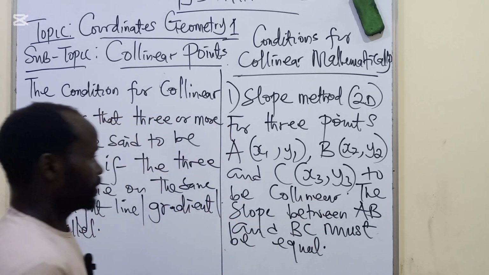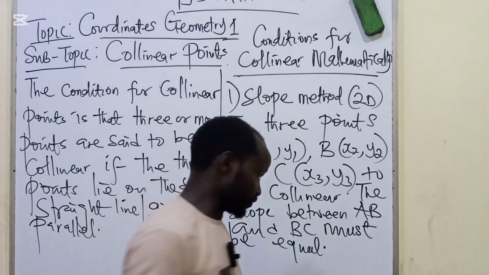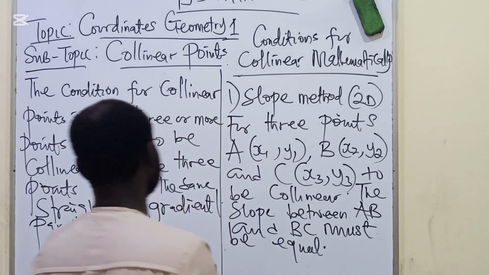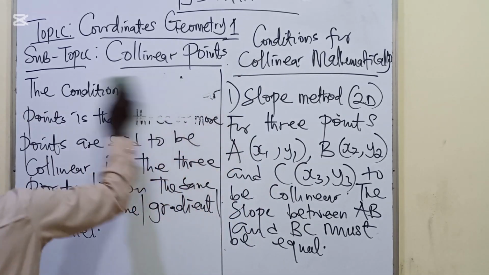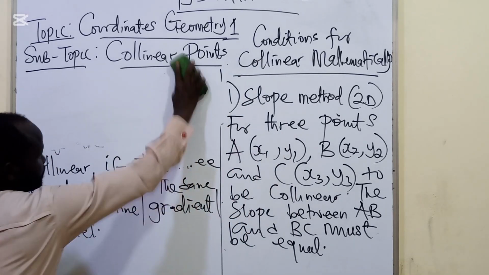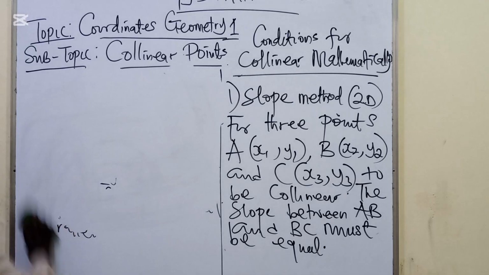In other words, if the slope AB equals the slope BC, then we have a collinear point, or the condition for collinear will occur.